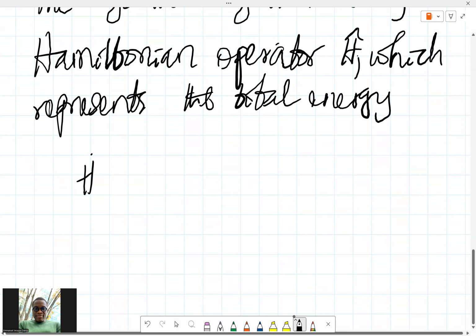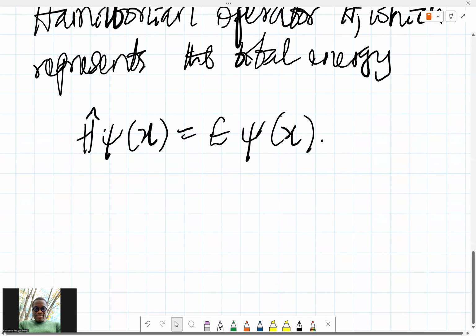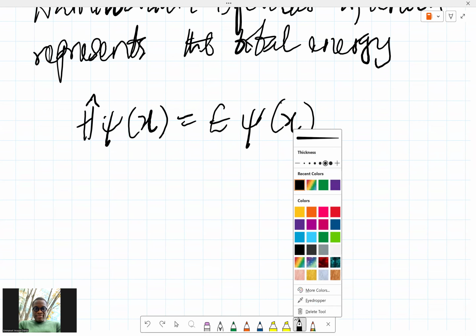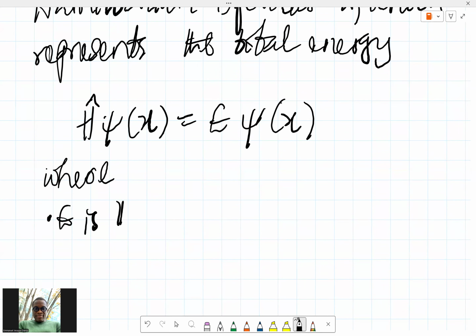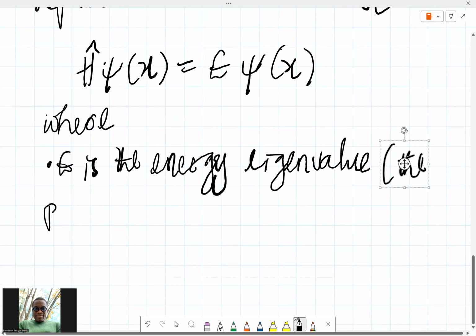So that means we have H cap phi of x equals E phi of x. You can see how it looks already. It looks almost like what we've been seeing for eigenvalues and eigenvectors, right? A lot of resemblance. Here, E is the energy eigenvalue, that is the possible energy measurement.